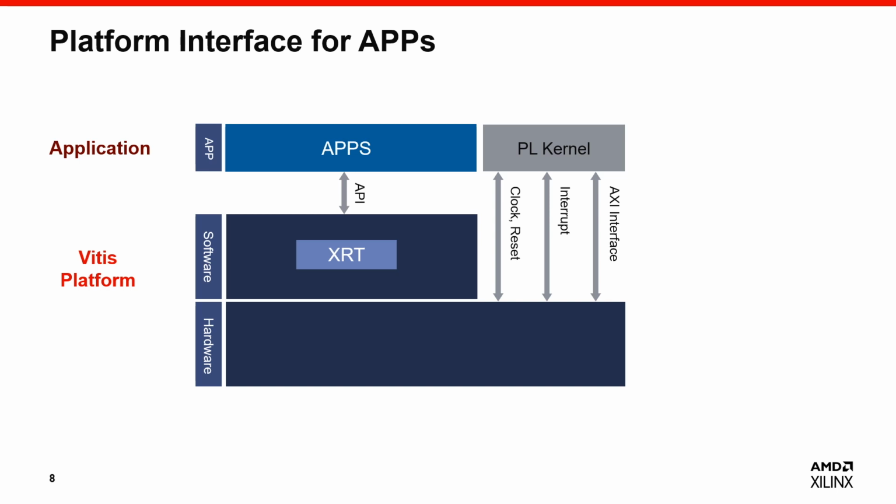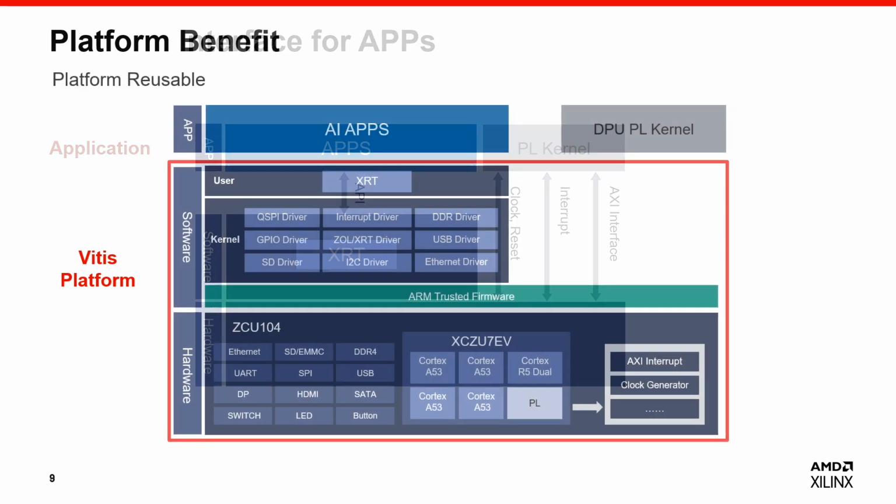On the software side, XRT provides the API interfaces for applications. Users can use the XRT native API to program applications. XRT will translate the commands to control the PL kernels.